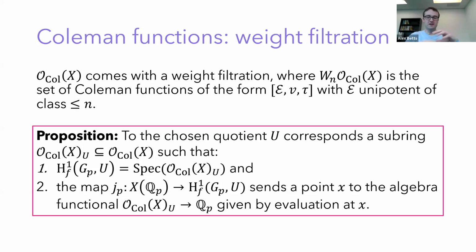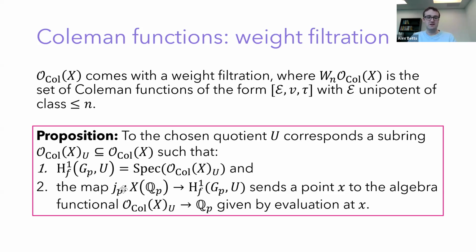I asserted earlier that this local Chabauty-Kim map j_p is given by Coleman integration. The precise statement is that if I fix my quotient U of the fundamental group, I get a corresponding subring of the ring of Coleman functions with two properties. First, the local Selmer scheme I want to understand is just the spectrum of this subring of Coleman functions, and this identification is compatible with the weight filtrations on their affine rings.